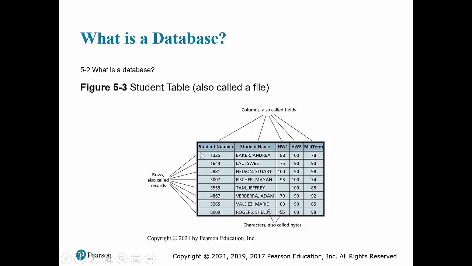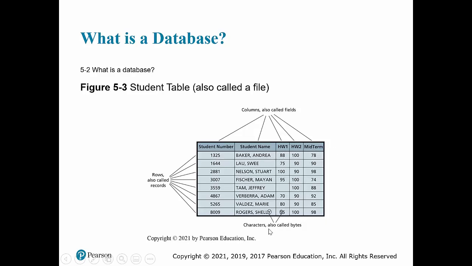So each row is about one particular student, which has the record for all the characteristics. It has student number for this particular student, Andrew Baker. It has his, her number, student number, name, and scores.